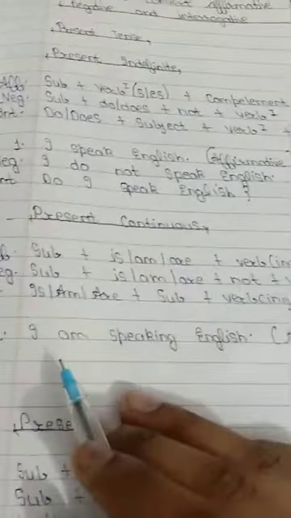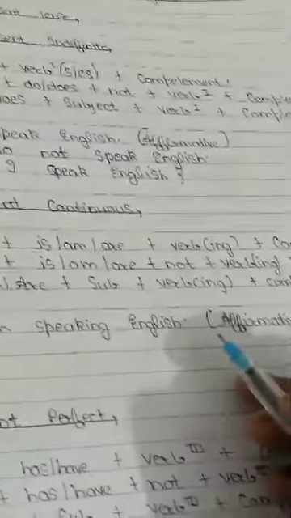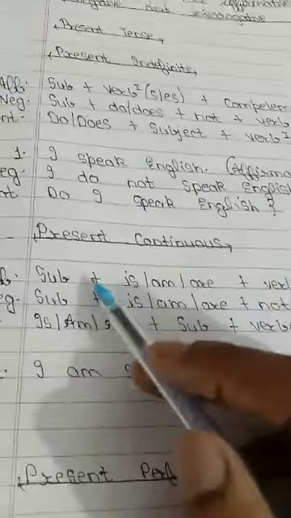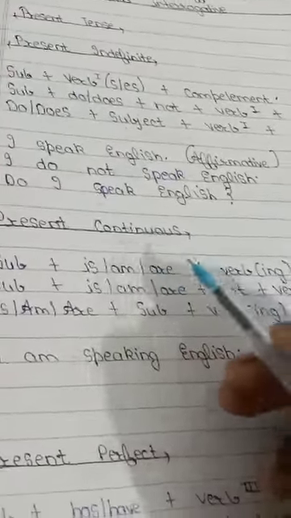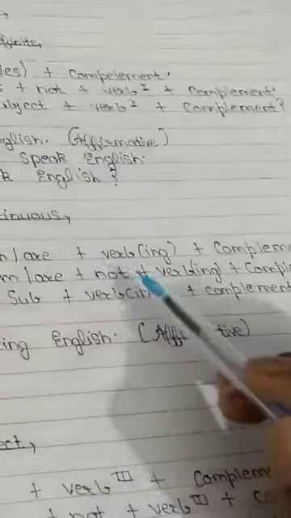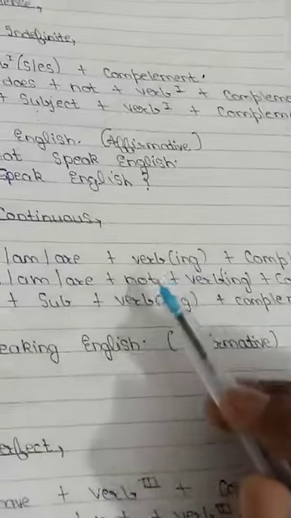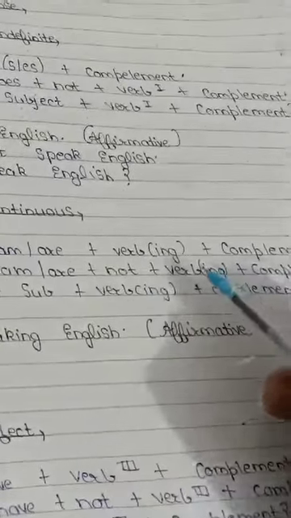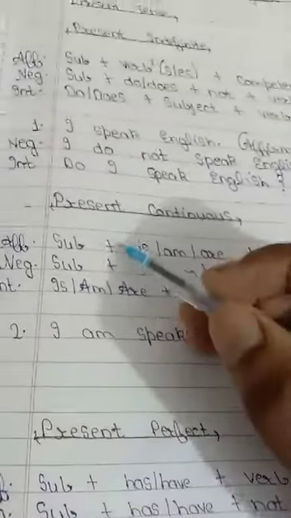Now present continuous. Here is an example: I am speaking English, affirmative. Subject is be verb plus ing, verb first form and ing plus complement. So I is the subject, am.